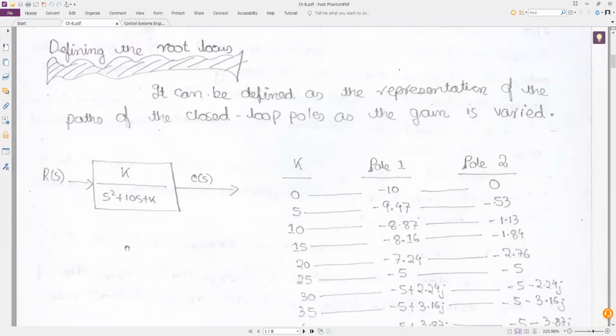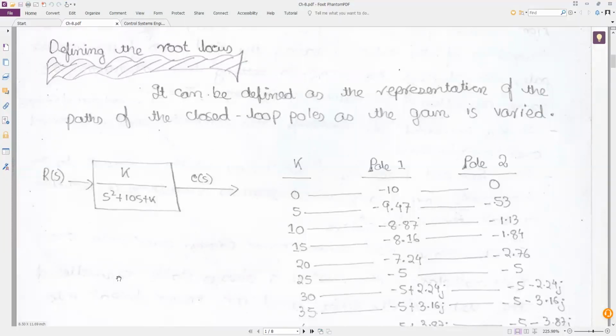Let's see. The root locus can be defined as the representation of the paths of the closed loop poles as the gain is varied.